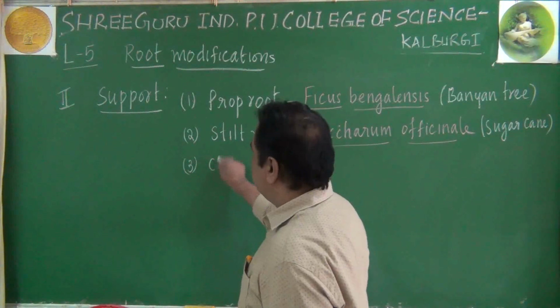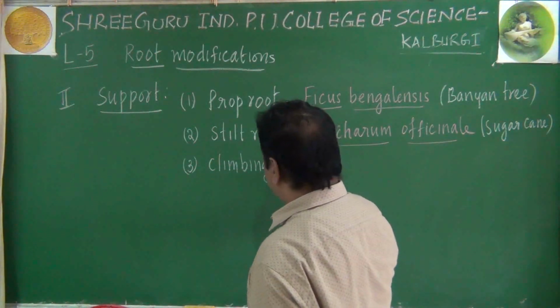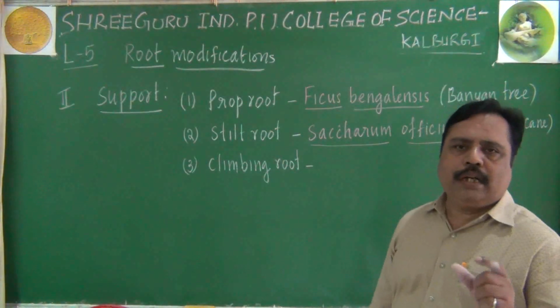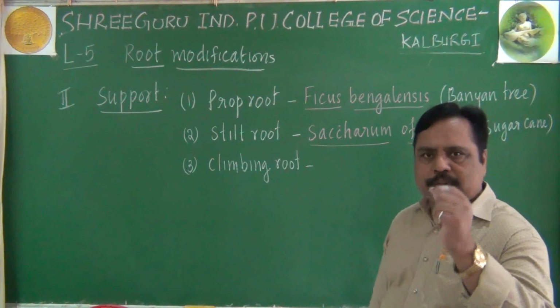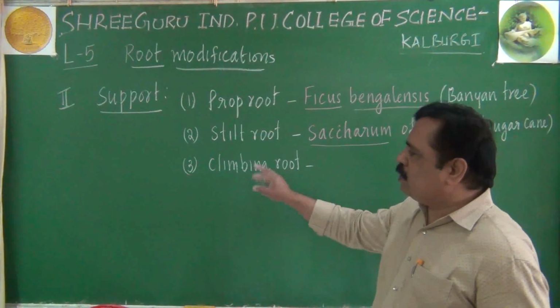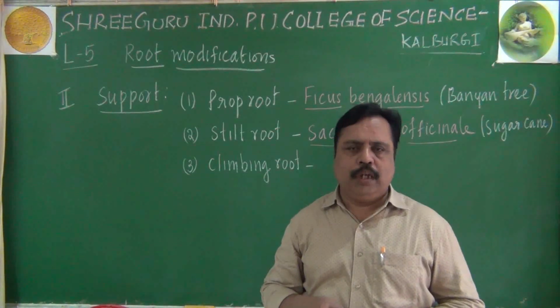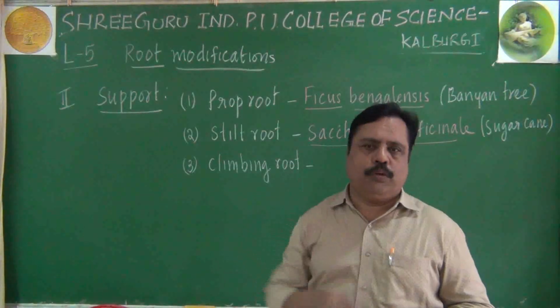The third one we studied here was climbing root, you may be remembering, where weak stemmed plants like betel or paan leaf exhibit roots for climbing purpose. They will catch hold of any even non-living object, something like a stone pillar or some other thing, and they will grow over it.